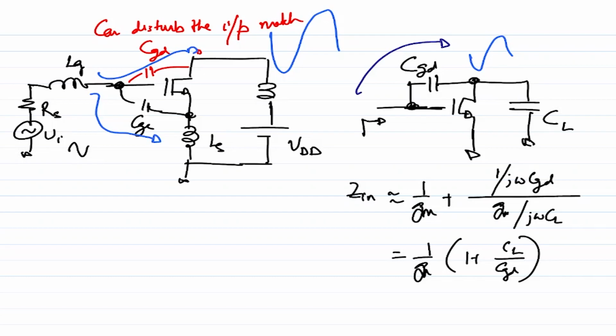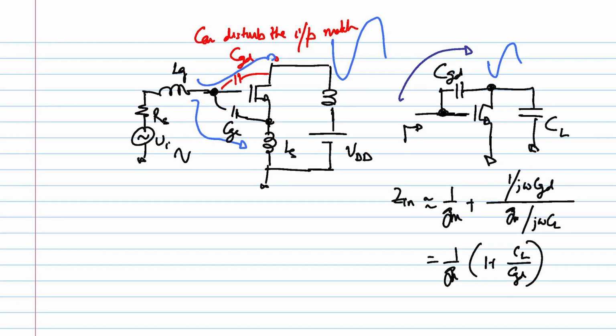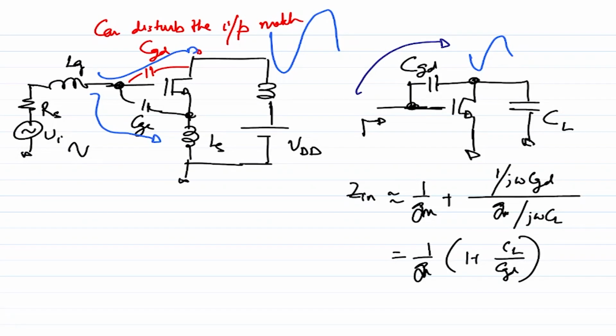So one might say, then reduce CGD, but reducing CGD means that I have to tamper with the size of the MOSFET, which will hamper so many other design variables. So that's what we do not want to do. So what is the solution?